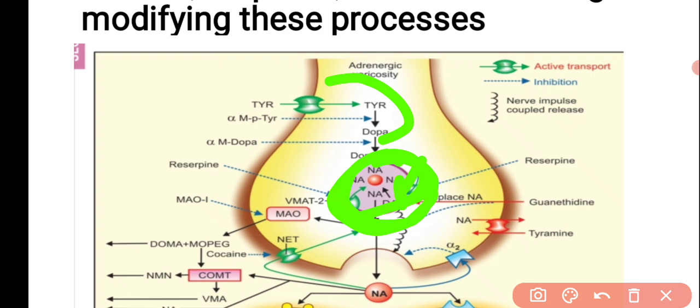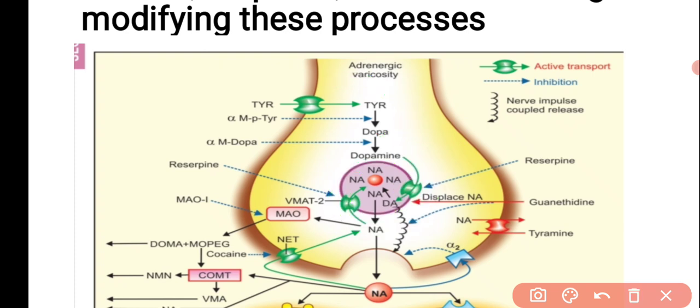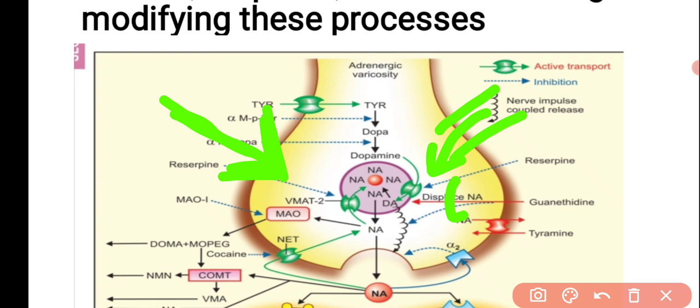So how is it released? Whenever a stimulus comes towards the adrenergic system in the form of an action potential, calcium enters into the nerve endings.